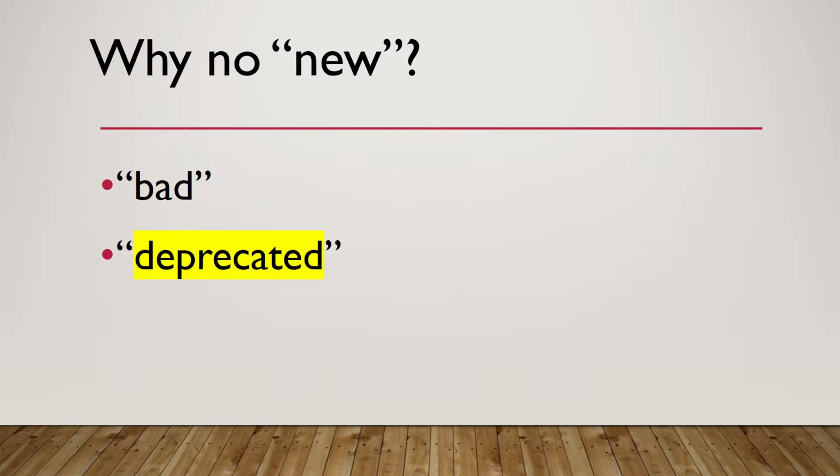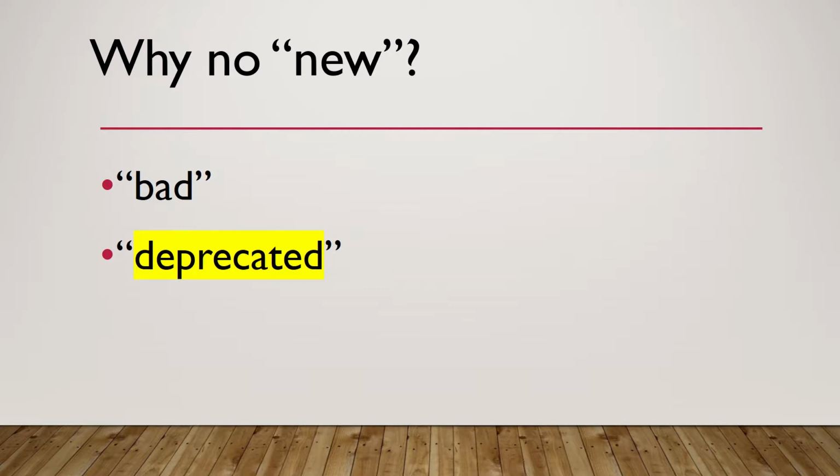Someone calls using new deprecated, because starting from C++ 11, we have smart pointers, including unique pointer. Using them guarantees that they will be deleted when they become useless. They have an internal counter to tell how many times they were referenced.